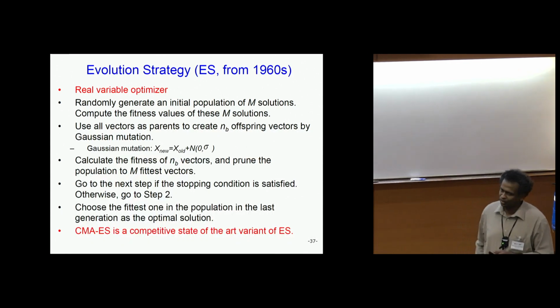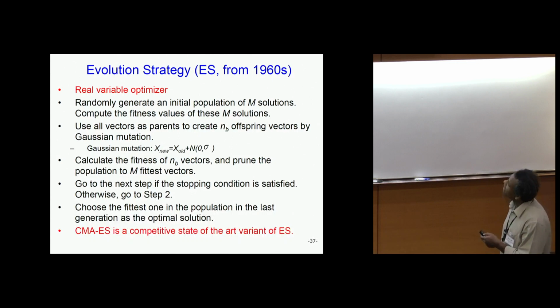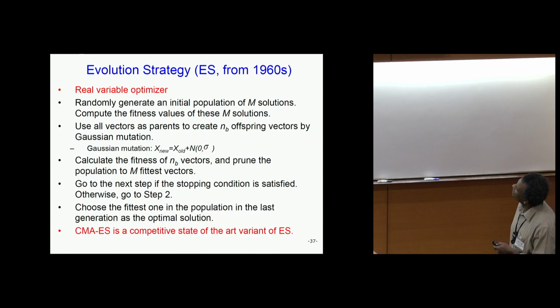When you talk about Gaussian mutation, you have to specify the standard deviation, which is a user specified parameter. Then you have to calculate the fitness values of these offspring, and then you have to prune the population to the original size, capital M.